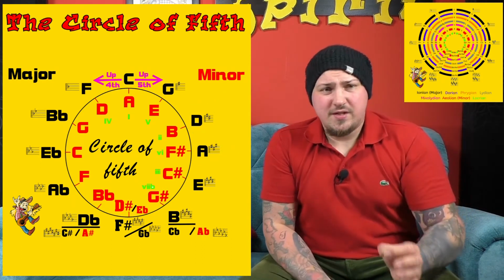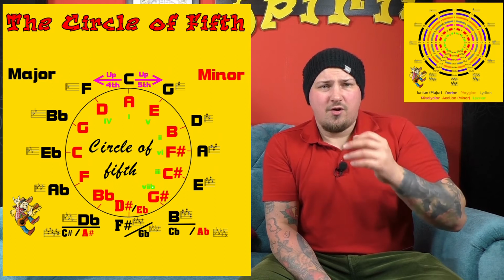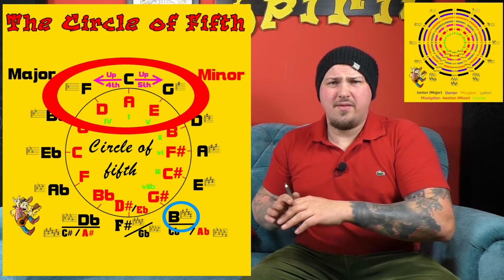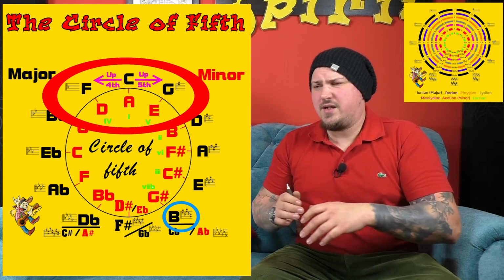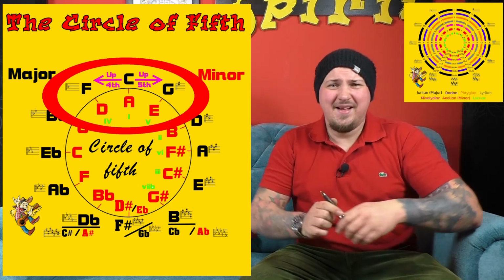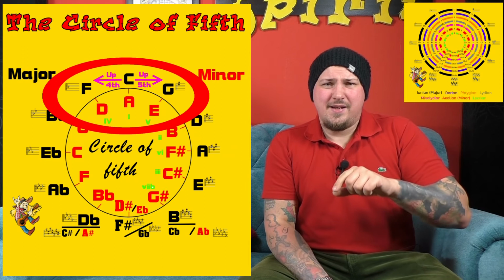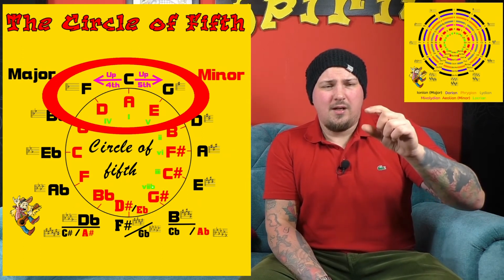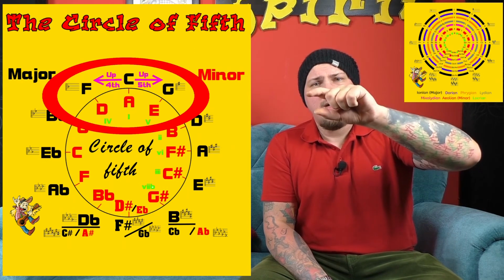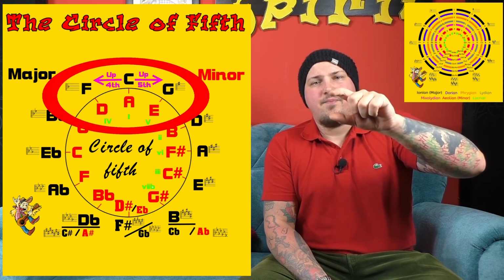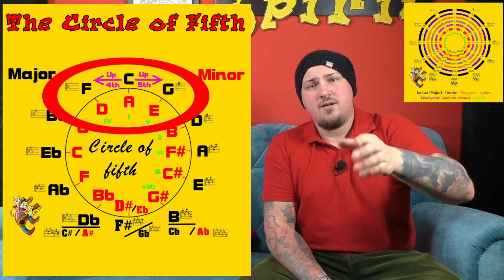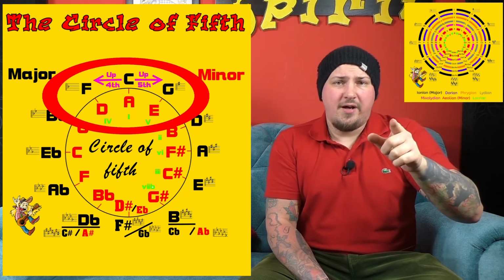The next thing it shows you are the major and minor chords you can use in the scale, without the diminished one. The diminished one is not often played, so meh. For example, if we play in C major, we can play C major, F major, G major, and in the inner circle we have the A minor, the E minor, and the D minor.